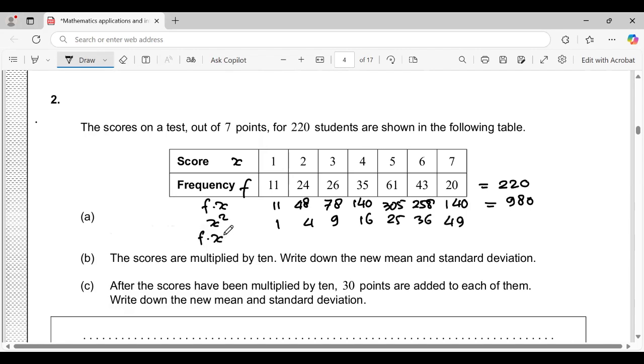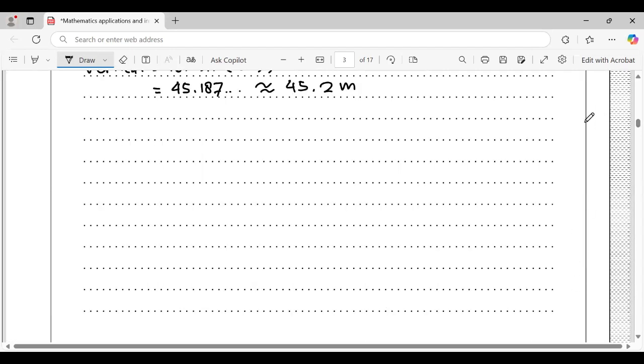And then F times X squared: 11 times 1 is 11, 24 times 4 is 96, and the next 234, now 560, 1525, 1548, and then 980. If you calculate all, the sum of fx squared is 4954.